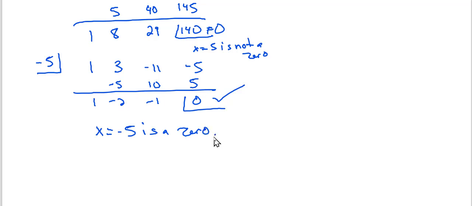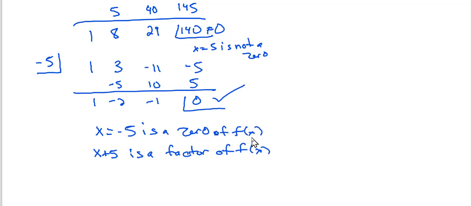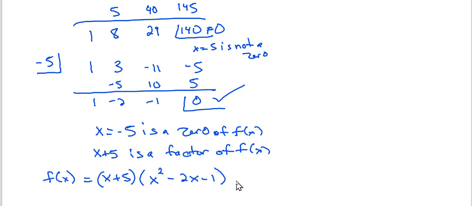It also tells us from our previous theorems that x minus negative 5, or x plus 5, is a factor of f of x. And specifically, f of x can be rewritten as x plus 5 times x squared minus 2x minus 1.